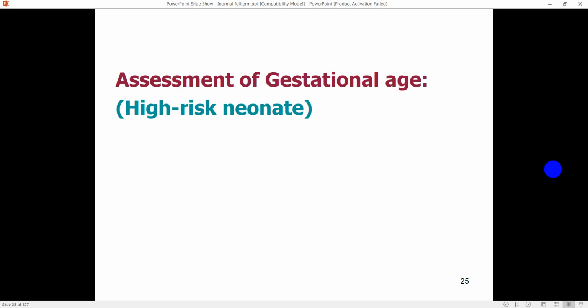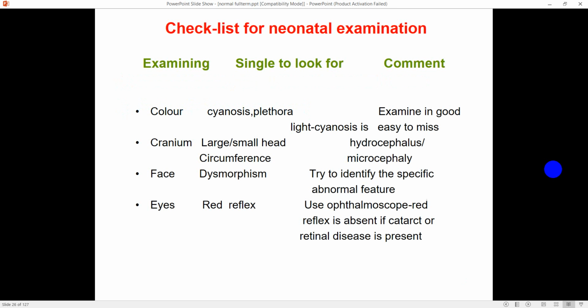We need to assess gestational age. We should be sure that this baby is full term and has the normal criteria of full term. So we need to examine the neonate from up to down, from the head to heel. We look at his shape and color to assess the presence of cyanosis or plethora.